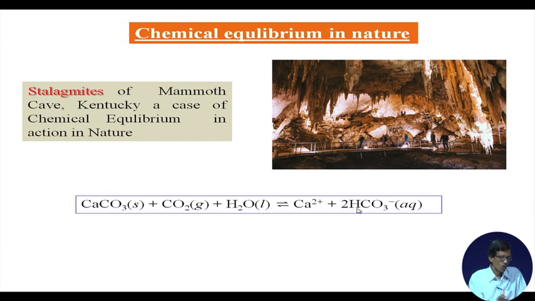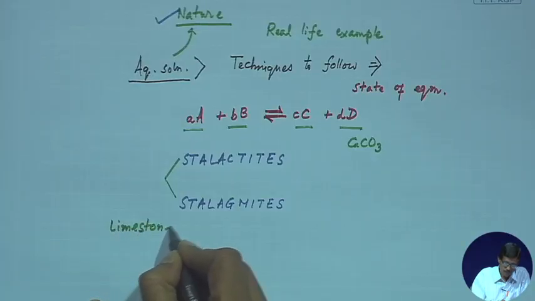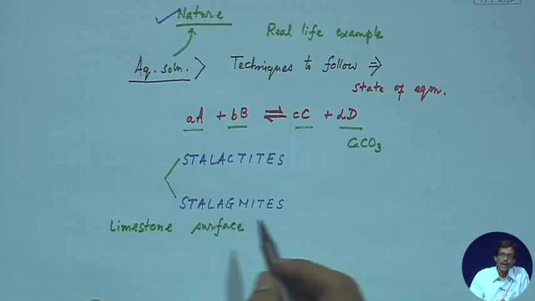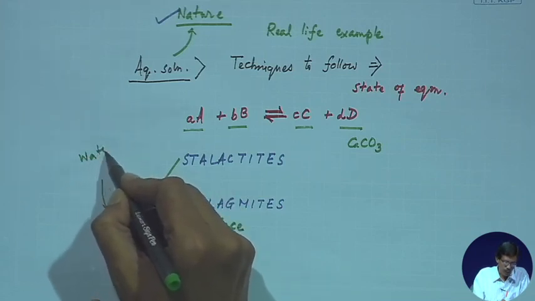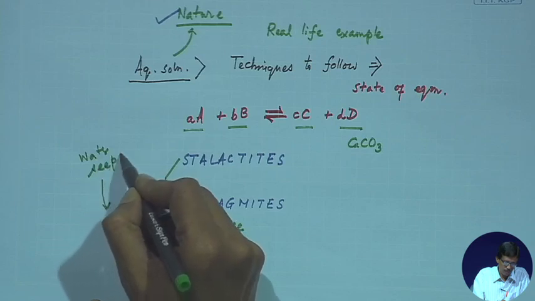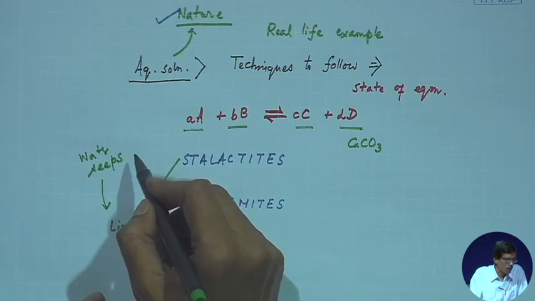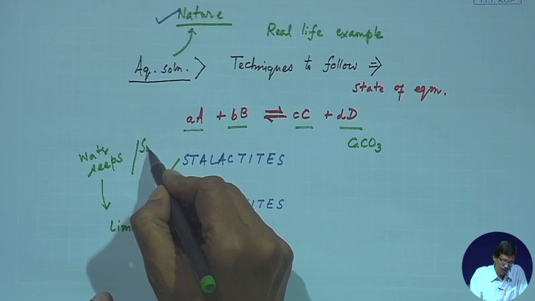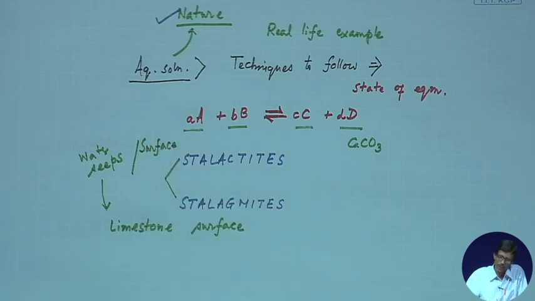So, if you have a limestone surface, and on that limestone surface the water seeps in, because this water is coming from the surface of the cave. So, it is a typical natural process.